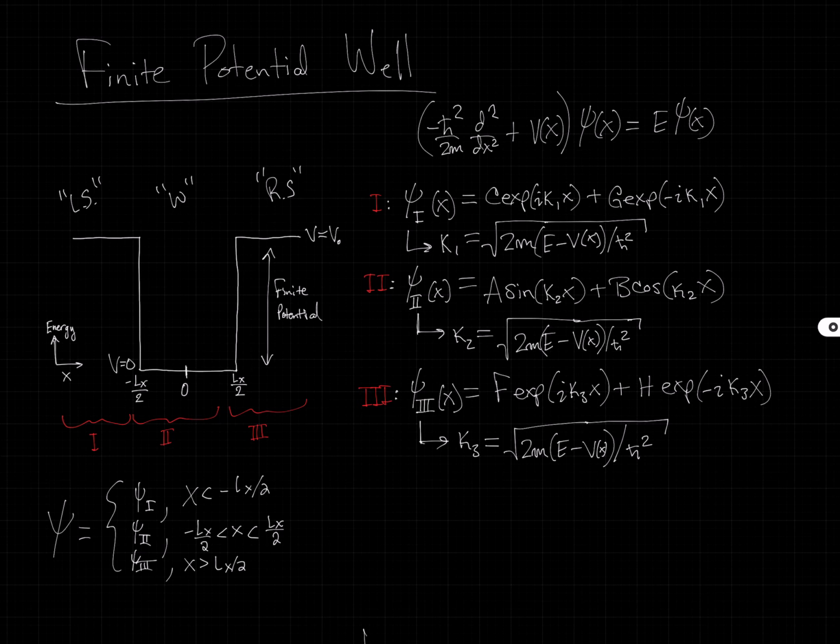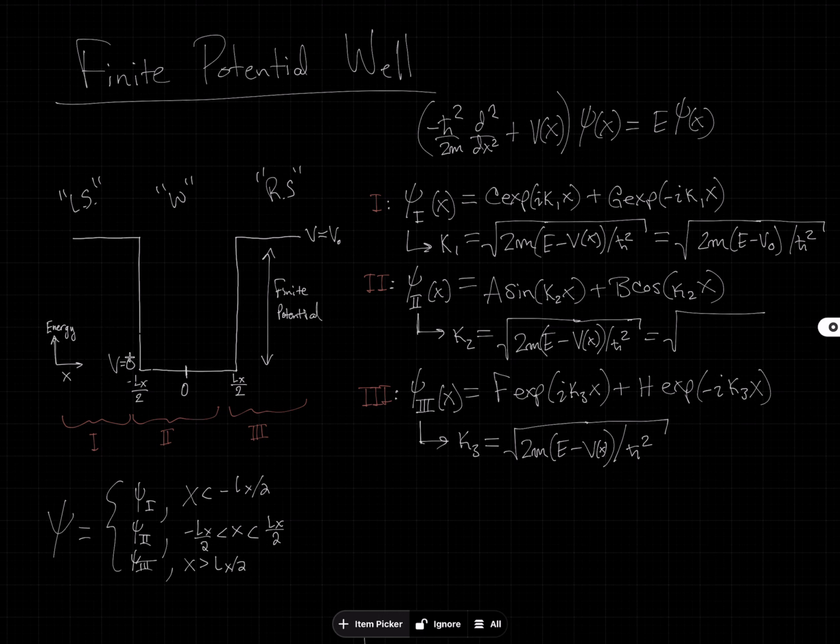And so what this allows me to do is define some constants, some wave vectors k, which would be equal to the square root of 2m times E minus V over h bar squared. And in the case of this first region, I am saying that V is equal to V naught. So I can rewrite this as 2m(E minus V naught) over h bar squared. All right. And of course, in the second region, I'm calling V as 0.